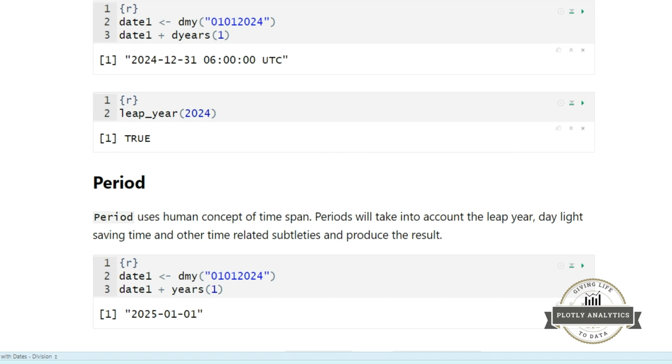Remember, I'm using years. It is not prefixed with d. That means I'm using period here and not the duration. And the answer I got is the correct answer. The result is correct, because the period uses the human concept of time span, that means it has taken into account the leap year calculation. So it added 366 days and gave us the result.